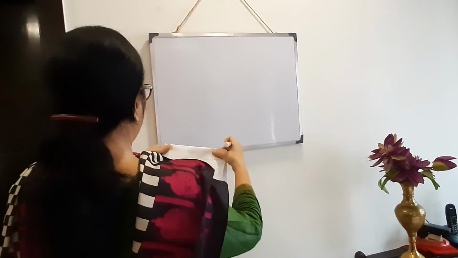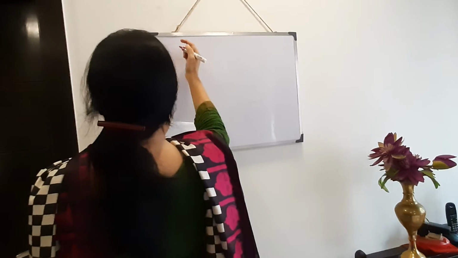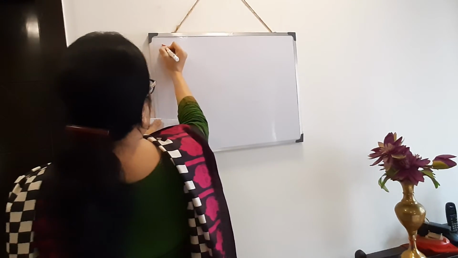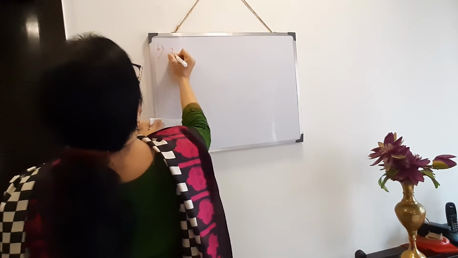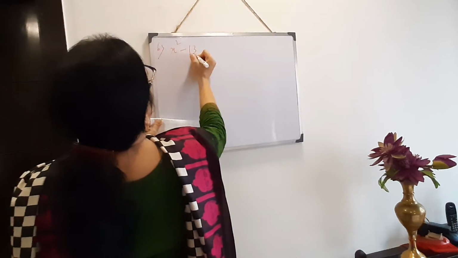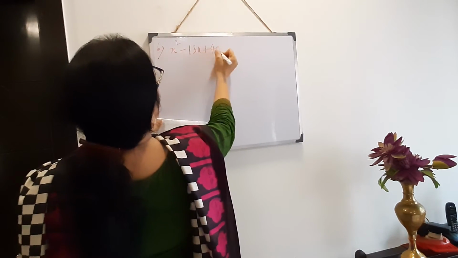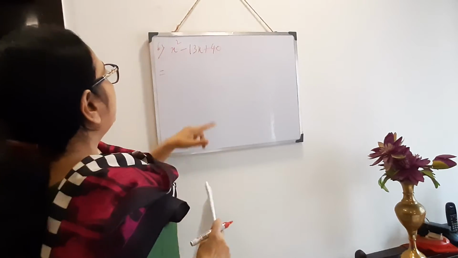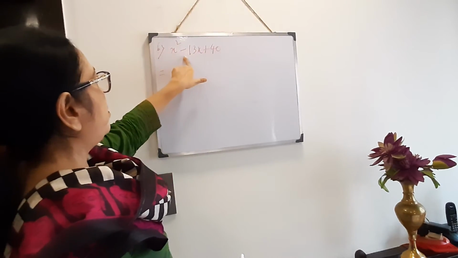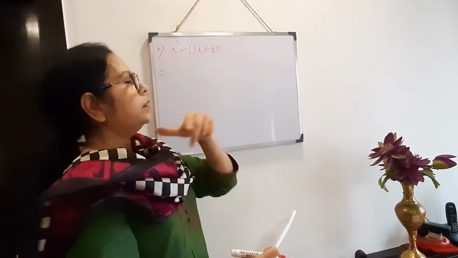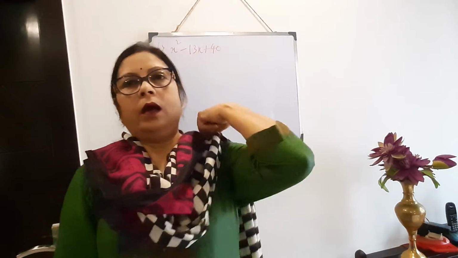If the sum is this type, there is plus but there is minus. Clear? Here what to do? Factors of 40 are 8 into 5, we will take 8 and 5. Clear?